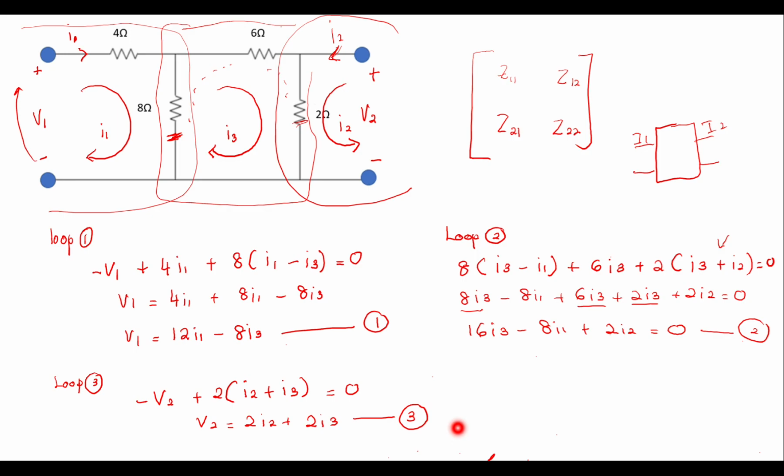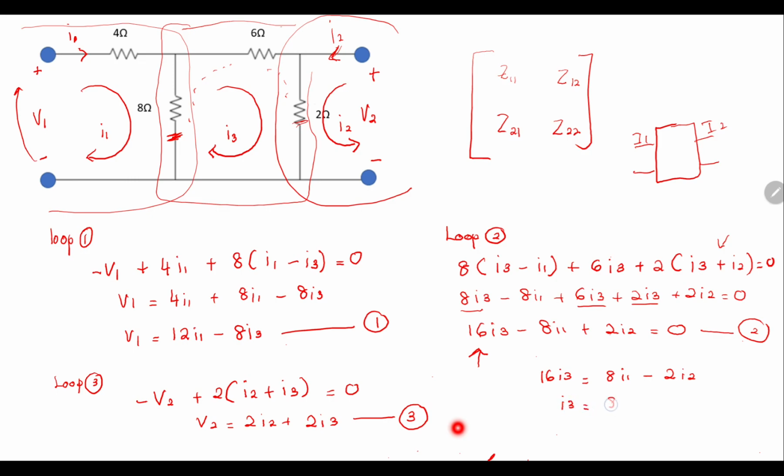By looking at this loop, we can solve for I3 from here. 16I3 equals 8I1 minus 2I2.